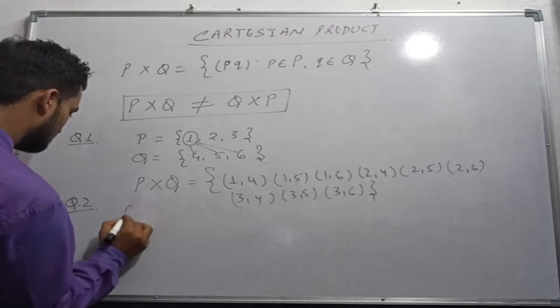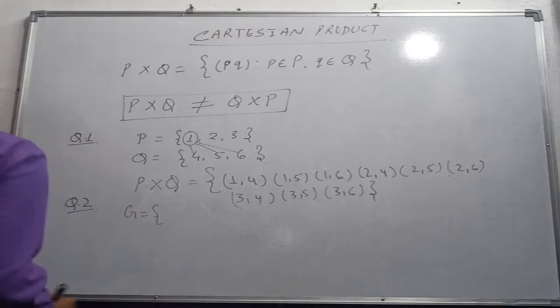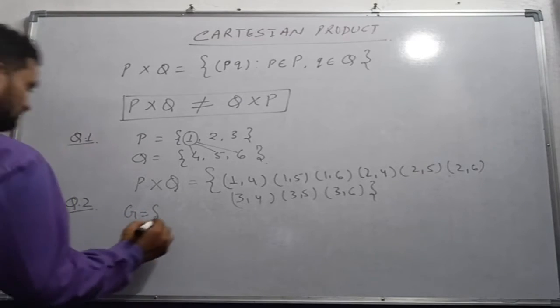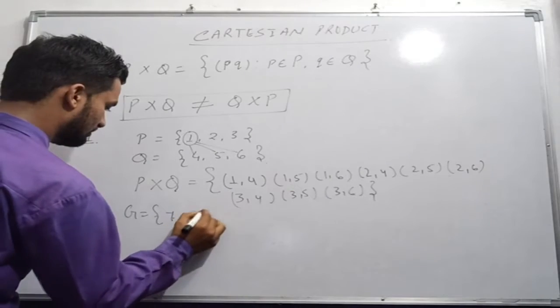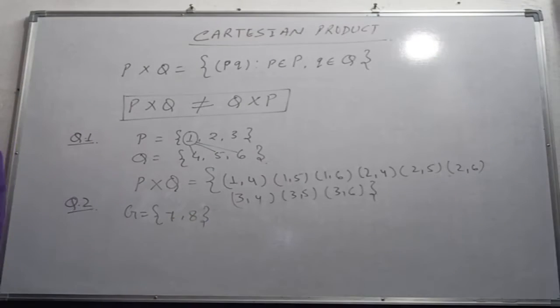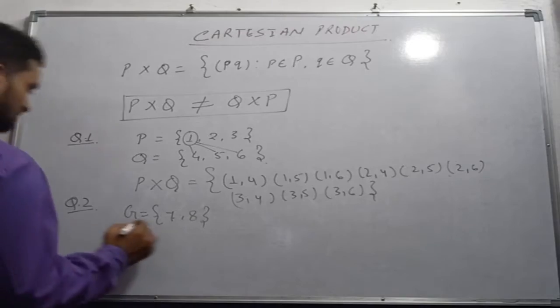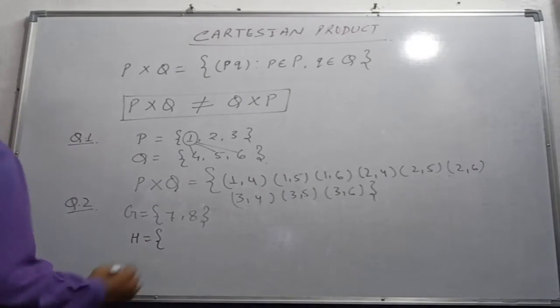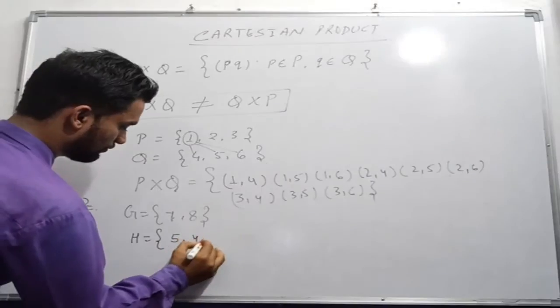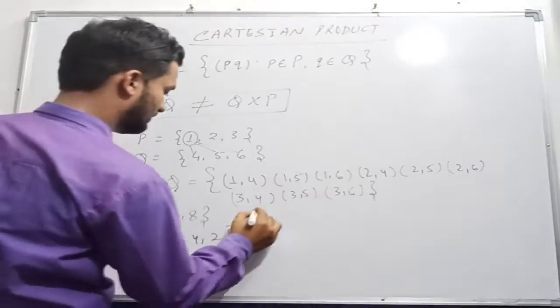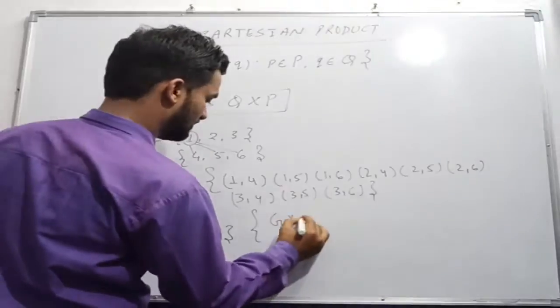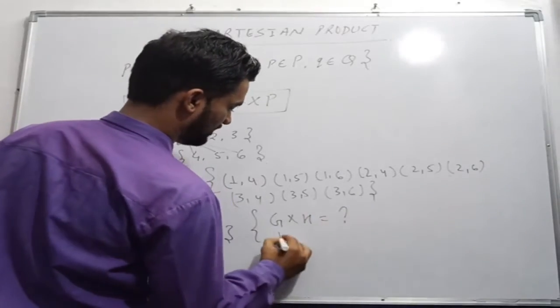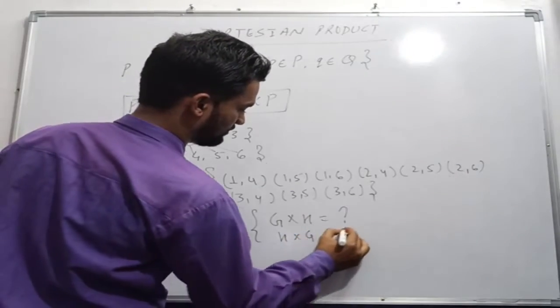Suppose set G is equal to 7 and 8, and set H is 5, 4, 2. And the question is: find G cross H and find H cross G.